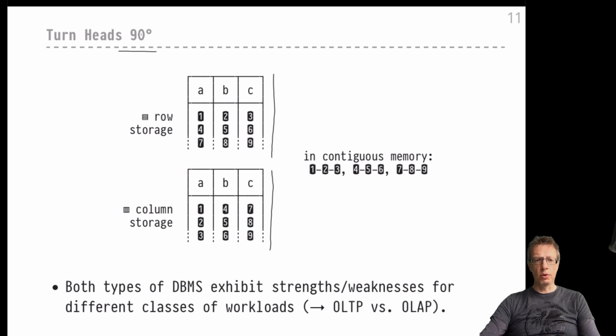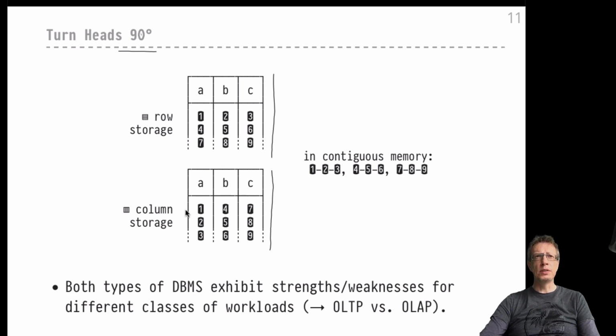Imagine queries of the form select t.star from table st. T.star really requests the outputting of all columns, all fields of a particular row, and this row storage format supports this quite efficiently and quite well.